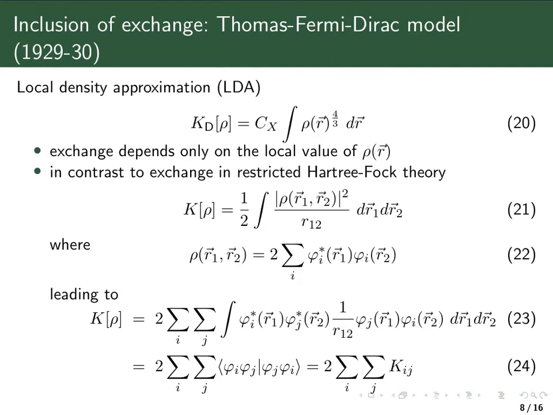R1 and R2, so it depends on two points in space, and it's written like this: a sum over all occupied orbitals, with the first orbital complex conjugate at point 1, and the second at point 2. If we insert this two-point density here, remember this is norm squared.